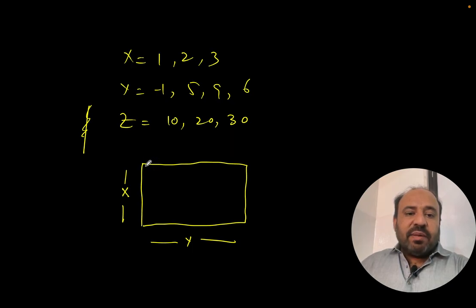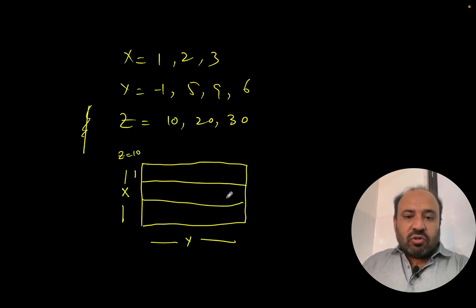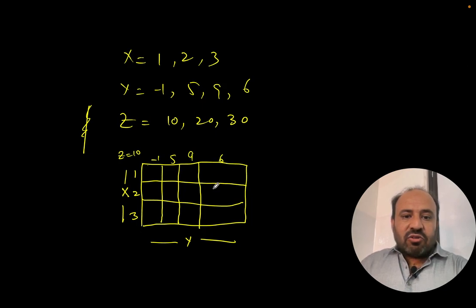Now, this is the matrix for z equal to 10. x has a total of 3 values, x equal to 1, 2, and 3. Then y equal to -1, then y equal to 5, then y equal to 9, and then y equal to 6. That's the matrix for z equal to 10.